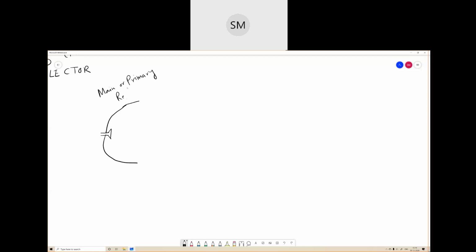There is a second reflector here, which is called the secondary reflector or a sub reflector. So what happens? The ray gets reflected first by the secondary reflector, then by the primary reflector, and it is like this.